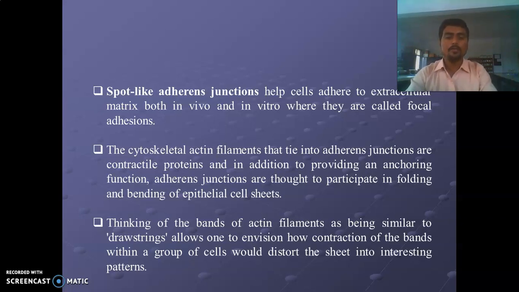Thinking of the bands of actin filaments as being similar to drawstrings allows one to envision how contractions of the bands within a group of cells would distort the sheet into interesting patterns.